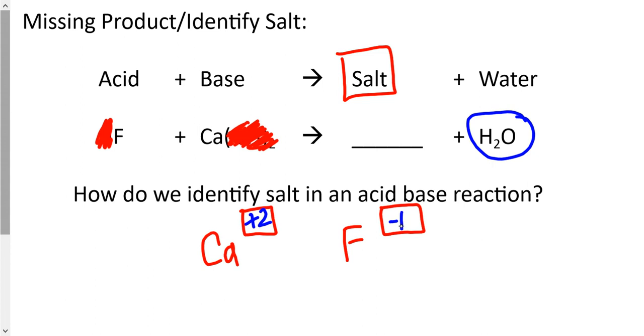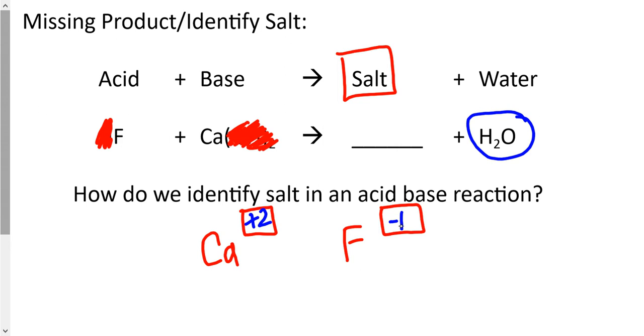So we can write a chemical formula using different methods. Some people use the crisscross method, and some people might just look at it and figure out the formula. For example, if you look at the charges, calcium is plus 2, fluorine is minus 1. How do we balance our charges? How many fluoride ions do I need to balance the charge for calcium ion?